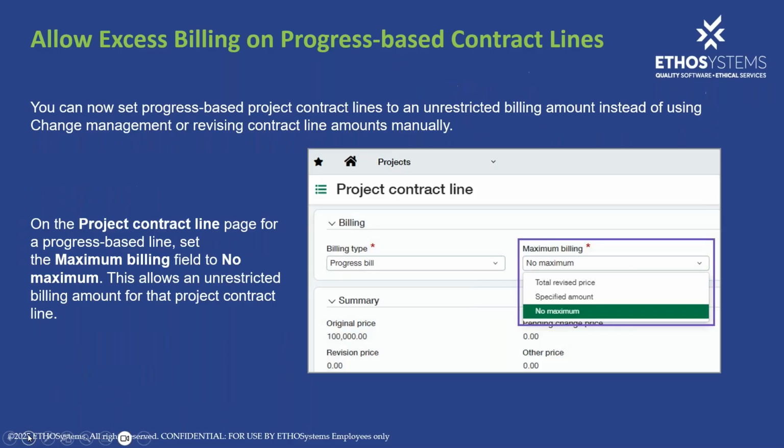This is a great one too. This one used to throw me back in the beginning of the Sage Intacct CRE construction package because they didn't have this. But now you can set progress-based project contract lines to an unrestricted billing amount instead of using change management or revising contract line amounts manually. Thank you, right? What we wanted is this progress bill.